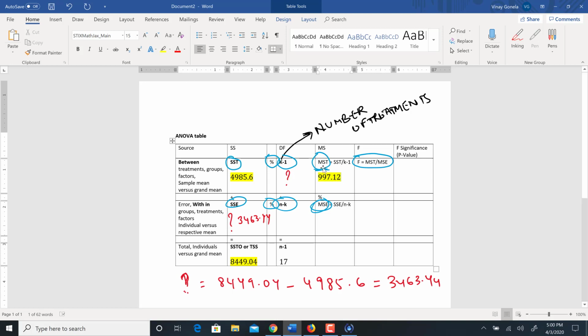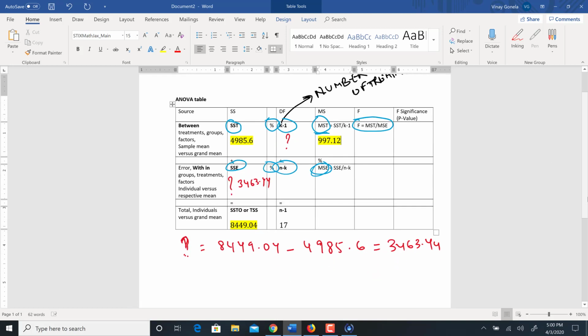So our equation of MST is this divided by this, k minus 1. So SST divided by this k minus 1 is going to give me MST.